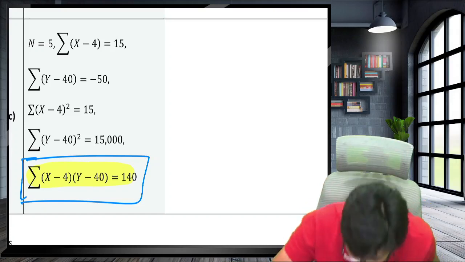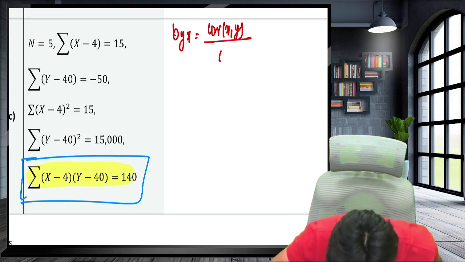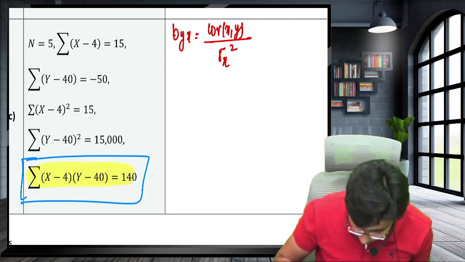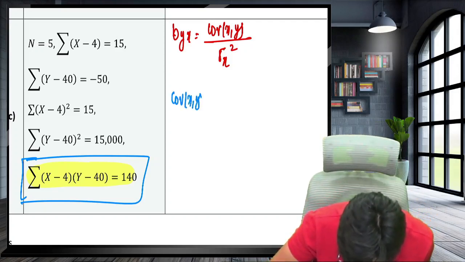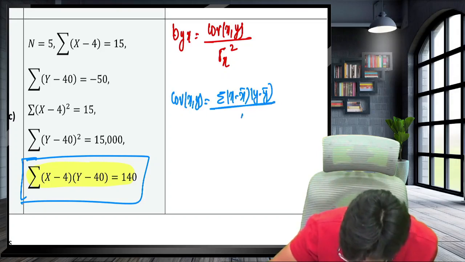Sir, I need to calculate b of y on x. Same formula: covariance between x and y divided by standard deviation of x whole square. Guys, can you compute the covariance? Yes sir, covariance means summation of x minus x bar into y minus y bar divided by n.